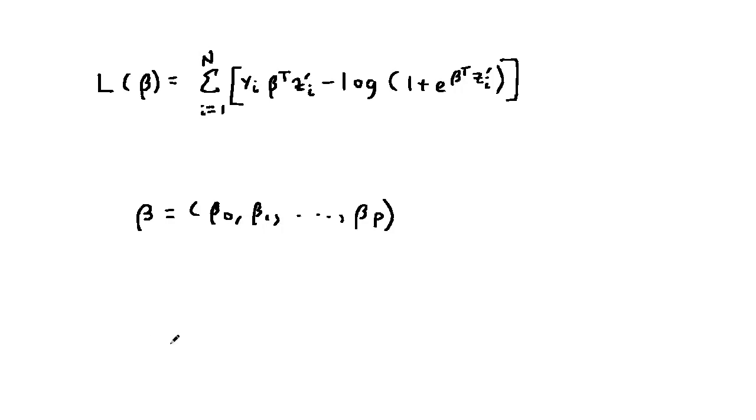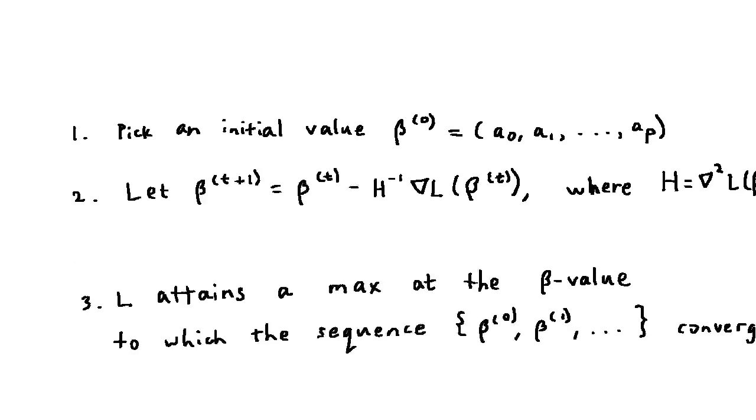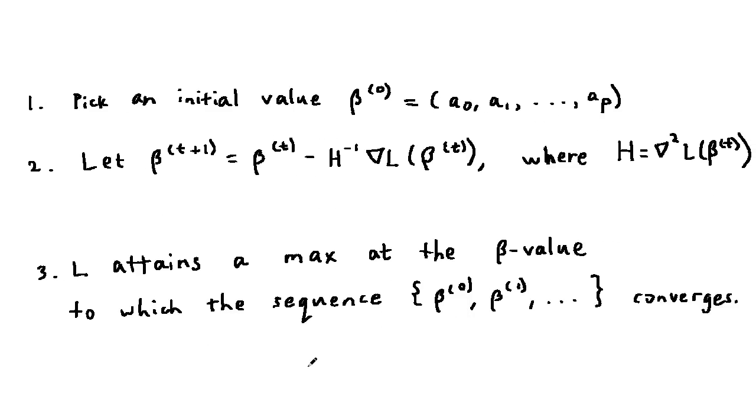So L is a function from R^(p+1) to R. Further, L is twice continuously differentiable, so we can apply the multivariate Newton-Raphson method. First, pick an initial value, beta 0, given by a0, a1 through ap.